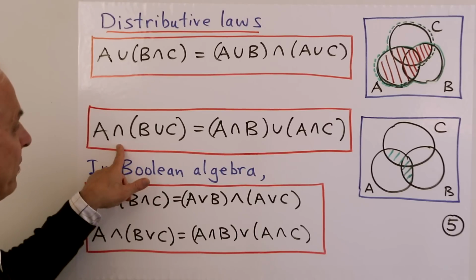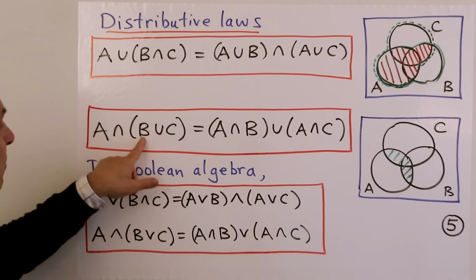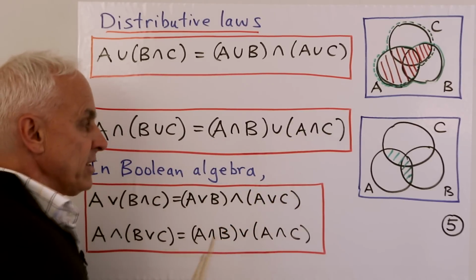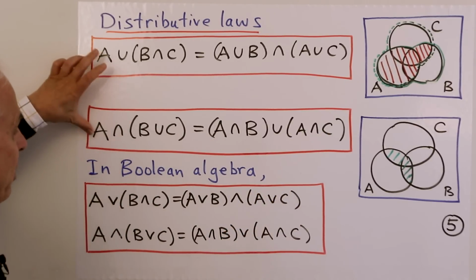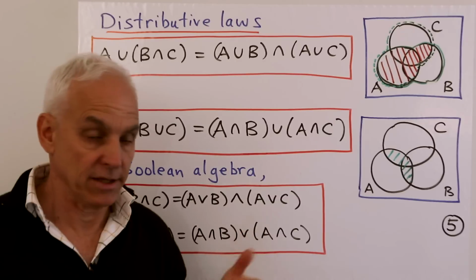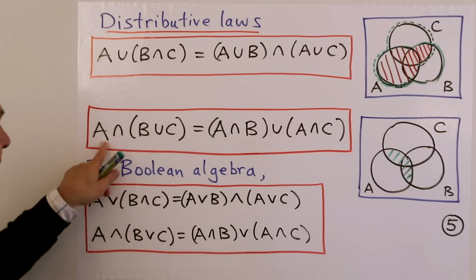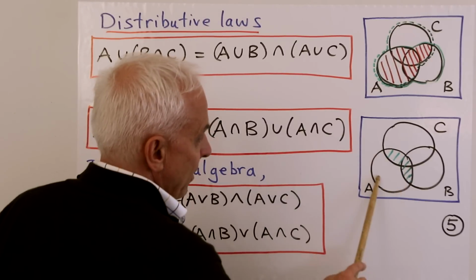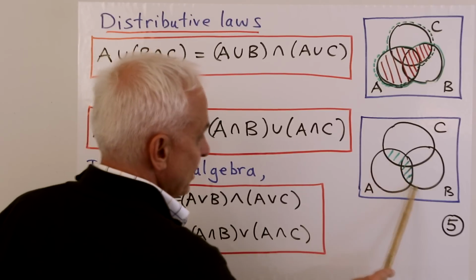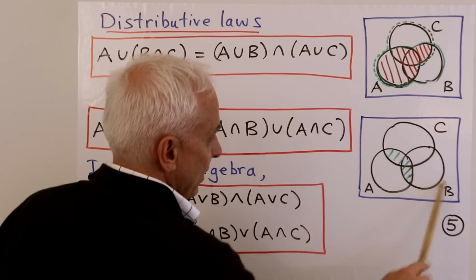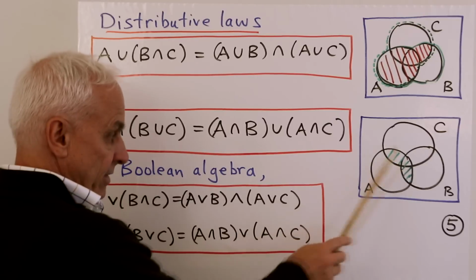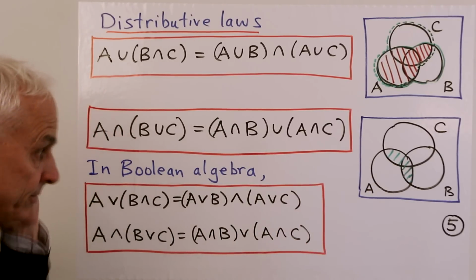The other distributive law, A intersect (B union C) equals (A intersect B) union (A intersect C), is just obtained from the first one by interchanging the unions and the intersections. Okay, A intersect (B union C). Where is that? Here is A, and B union C is all of B and C there. And the intersection of those two things is the green stuff there.